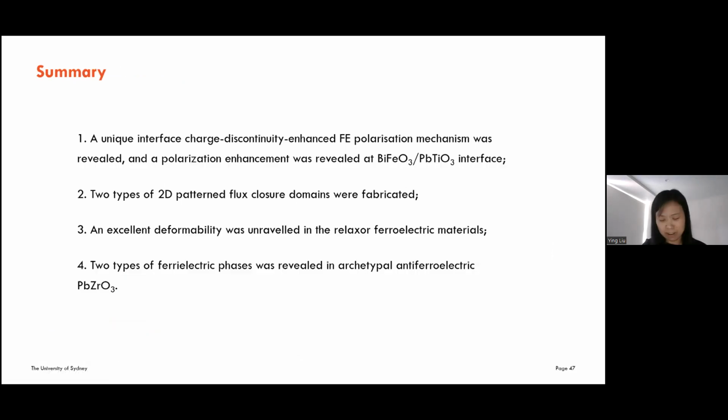Okay, just a summary of the presentation. The first one is we reviewed interface charge discontinuity enhanced ferroelectric polarization at the bismuth ferrite lattice interface. The second, plus closure domains. And the third, we observe the excellent deformability in the relaxor ferroelectric PMN-PT.